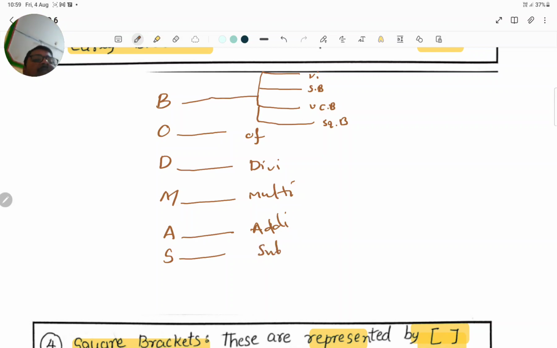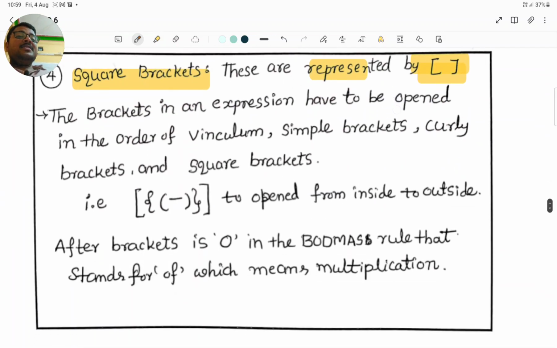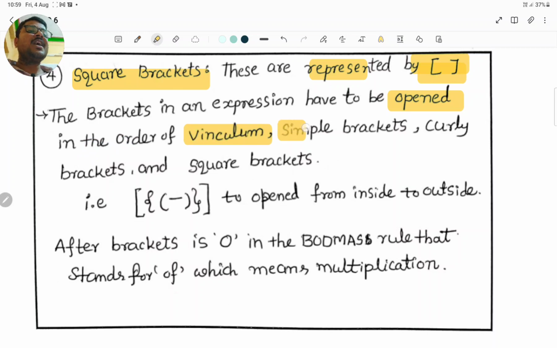This is an important one. The brackets in expressions have to be opened in order: first vinculum, second simple brackets, third curly brackets, and fourth square brackets.